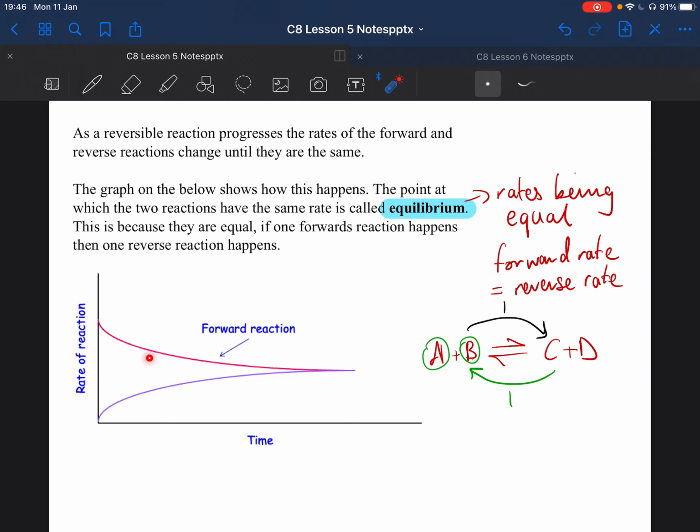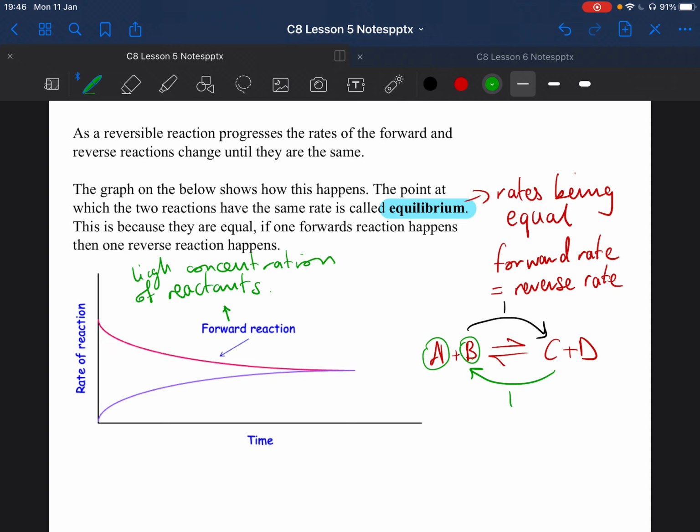If you look at this diagram here, this is a typical graph of a reversible reaction. What you will see is that we have a high rate of reaction in the forwards reaction at the beginning. This is because we have a high concentration of reactants, so there are lots of reactant molecules colliding with each other.